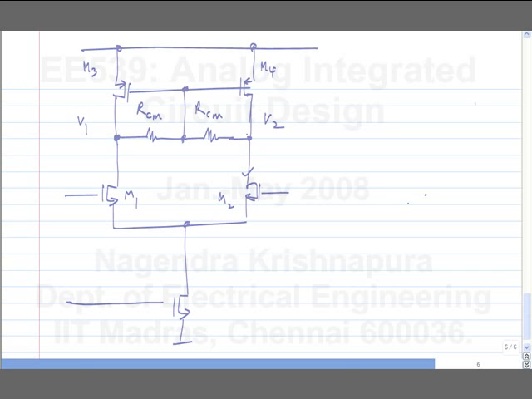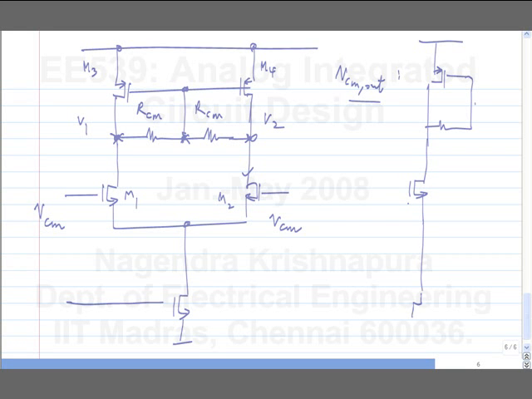Okay. So what is the output common mode voltage now? If you bias the inputs at VCM, you can just use symmetry arguments to argue that both V1 and V2 will be at the same voltage. That will be equal to VCM out, and the midpoint will also be at that voltage. So the common mode equivalent circuit will be as follows.